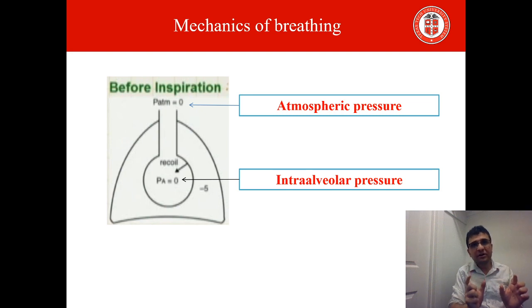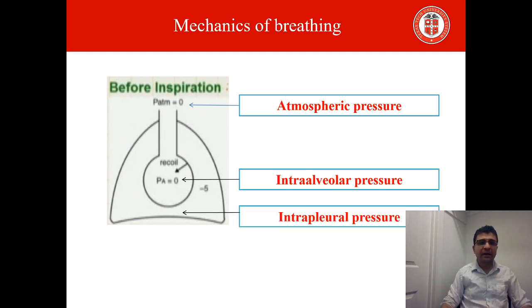It is the pressure inside our lungs, inside the alveoli more specifically. And the third one is the intrapleural pressure, which is the pressure between the parietal pleura and the visceral pleura. So at rest, once we are not breathing, this is zero, this is also zero, and this is -5. So because both of them are zero, there is no air flowing because the pressure difference is zero.